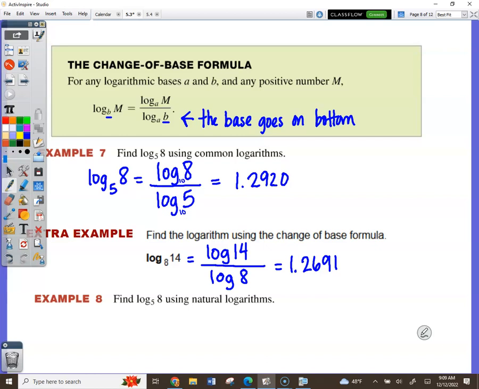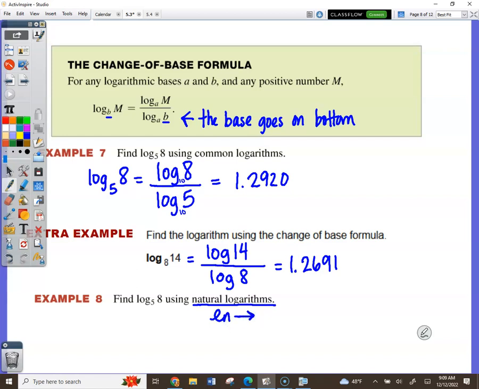Okay, now let's do the one that says natural logs. When it says that, it means they don't want you to use the regular word log, they want you to use ln. Okay? If they want you to use ln, natural logs, that means we need to have what in here?